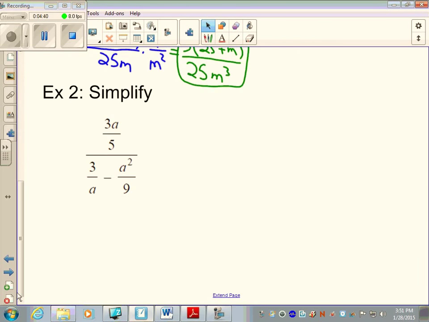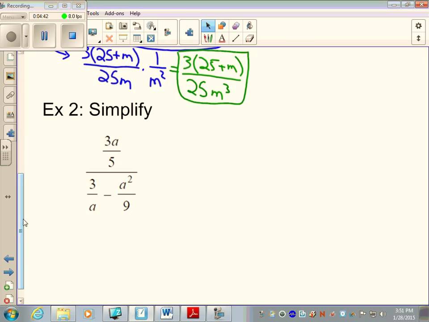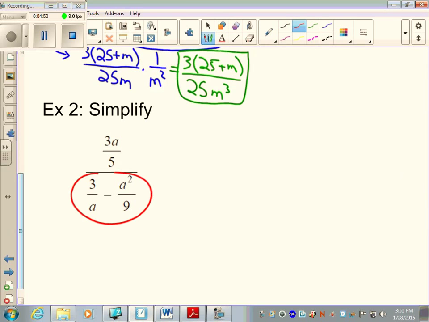Here again, the first thing I'm looking for is to combine fractions with addition or subtraction. I see a subtraction in the denominator, so I'm just concentrating on the red, what I circled there. I need to get those fractions together. So to combine fractions with subtraction, you have to get like denominators.